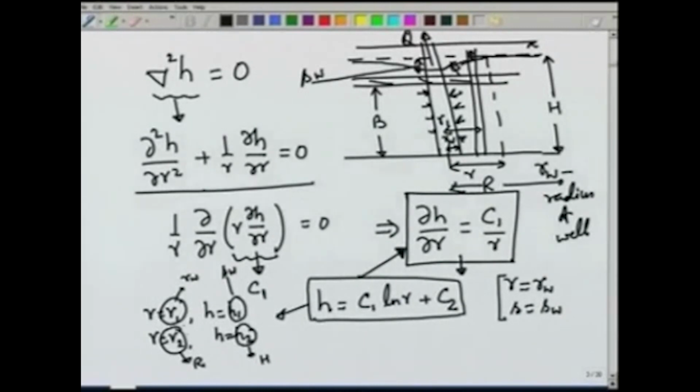But we will not assign these values, we will just assume that they are two different R values, R 1 and R 2, and two different H values, H 1 and H 2, which will allow us to obtain the value of C 1 as H 2 minus H 1 over natural log of R 2 over R 1.